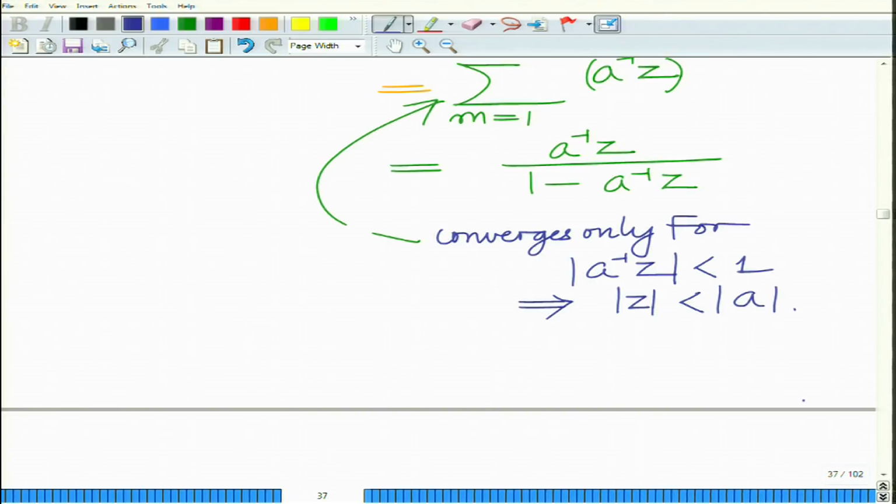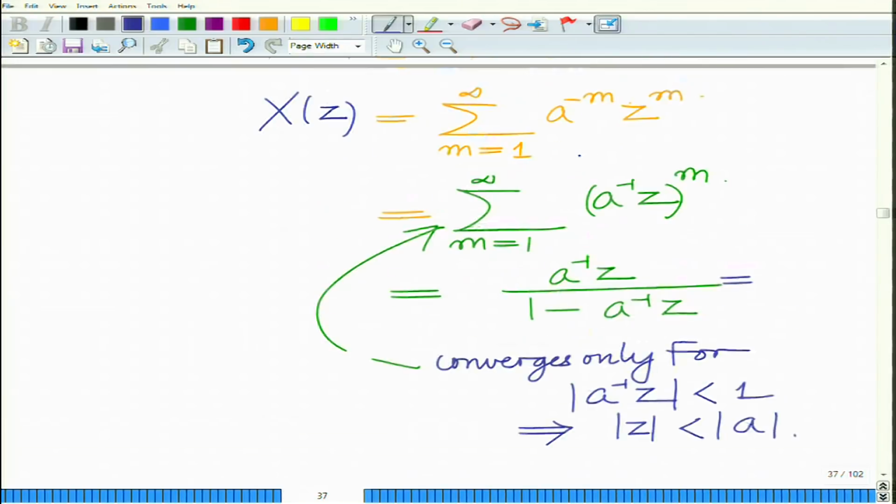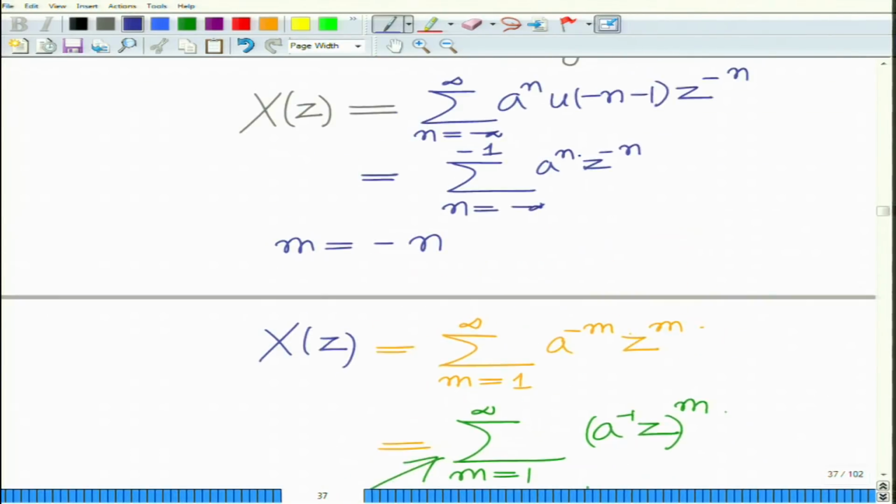So, X(z) is equal to, and now you can simplify this. Let me just consider a slight modification.